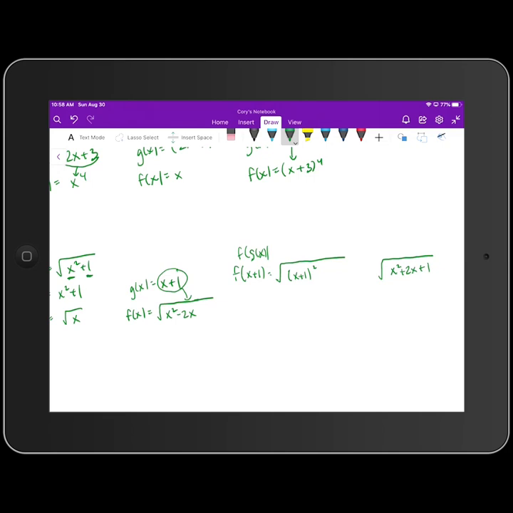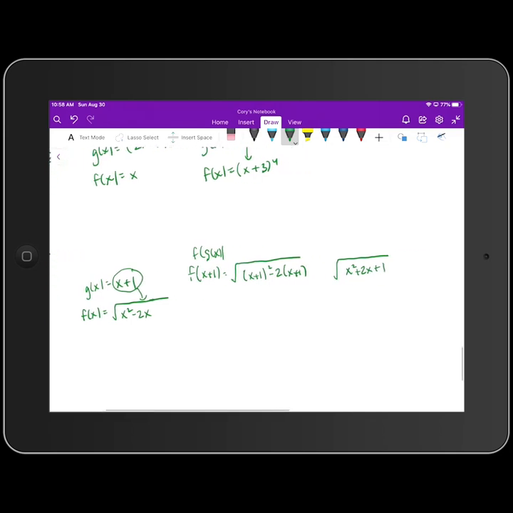Which means if I'm taking f composed with g, I have to subtract 2 times the quantity x plus 1. So when I perform that calculation over on the right here, when I distribute negative 2 across both of those terms, we get minus 2x minus 2.